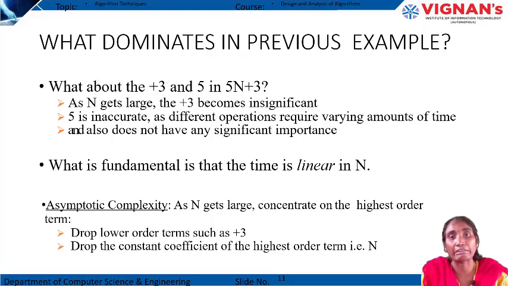So finally I can say that the time for running this algorithm is linear in n, and we will write it as big O of n. Likewise, 5n plus 3 gets reduced to big O of n, which asymptotically is the time complexity. Those asymptotic notations we will cover in the next class.